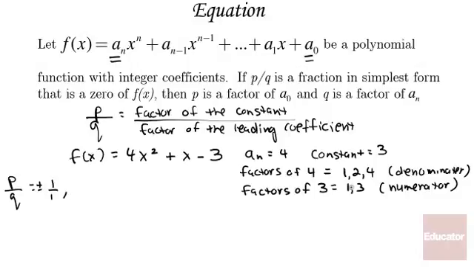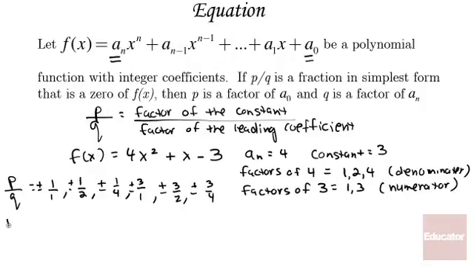I could have 1 for the numerator, 2 for the denominator, plus or minus. I could have 1 over 4. I could have 3 over 1, plus or minus. I could have 3 over 2, plus or minus 3/2, and plus or minus 3/4.